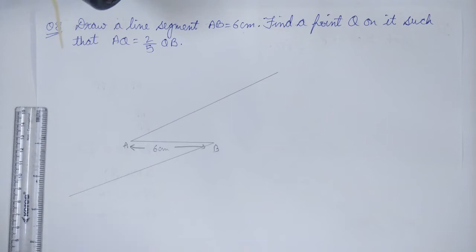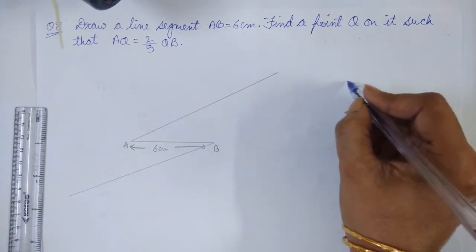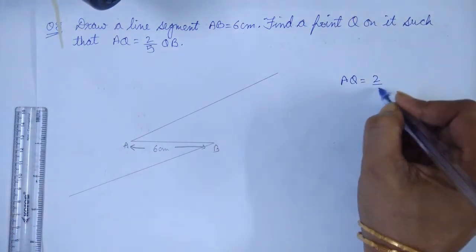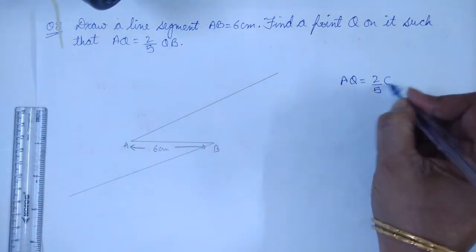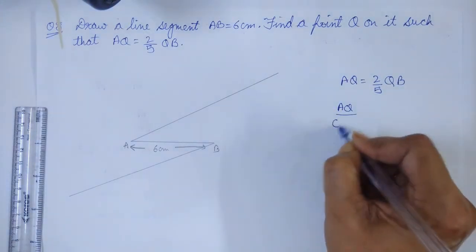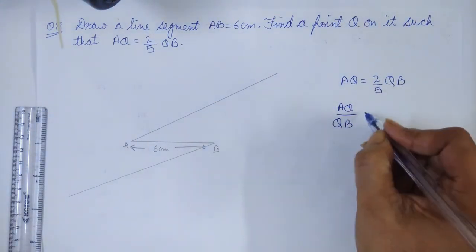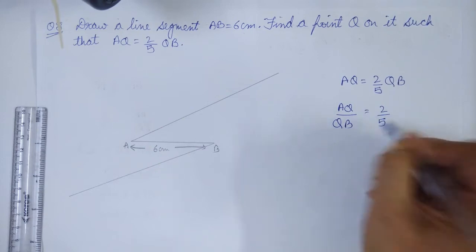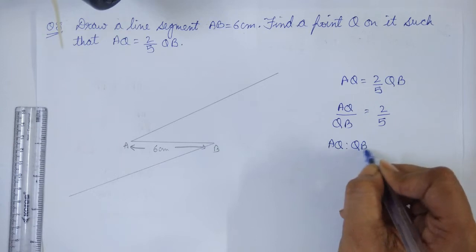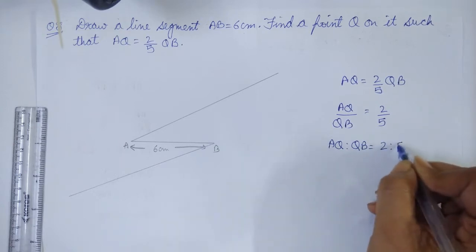Now it is given as we did in question number 7, same procedure, AQ equal 2 upon 5 QB, or AQ upon QB equal 2 upon 5, or we can say AQ ratio QB equal 2:5.